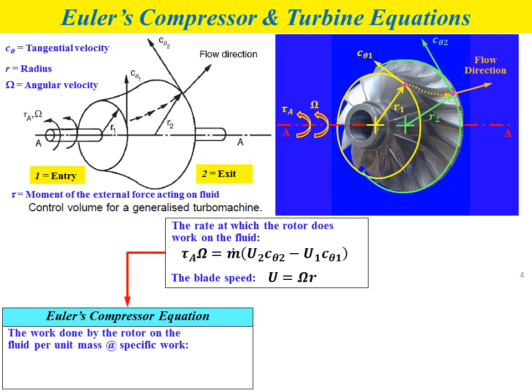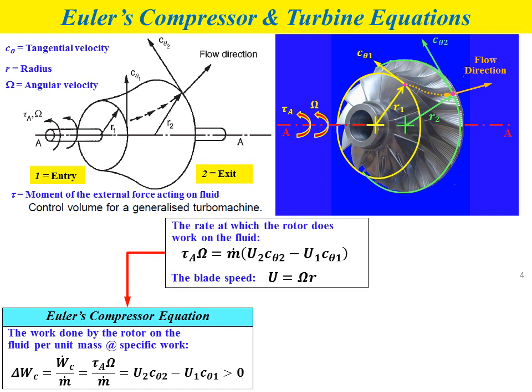So we get the work done by the rotor on the fluid per unit mass, or what we call specific work. So we get delta WC, representing the compressor, equal to WC dot divided by mass flow rate m dot, which is equal to tau A times omega divided by mass flow rate, equal to the blade speed multiplied by the tangential velocity at the outlet minus the blade speed multiplied by the tangential velocity at the inlet.